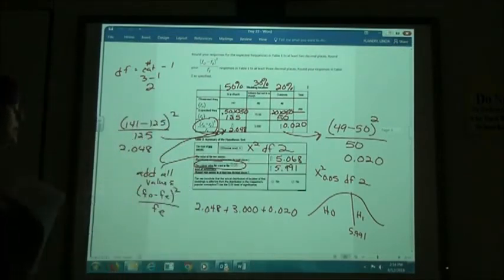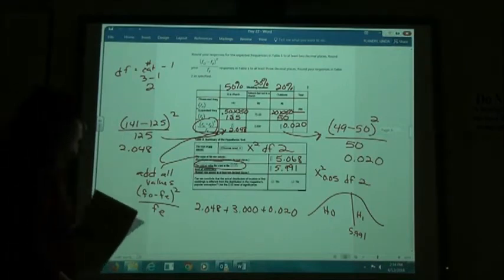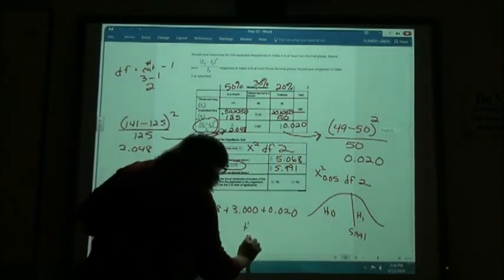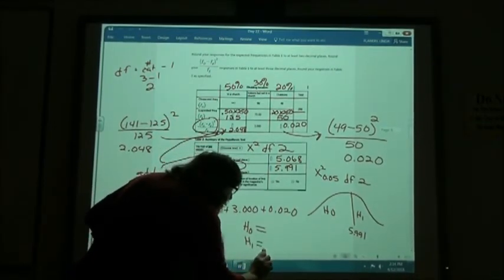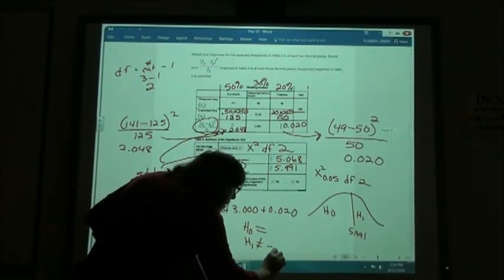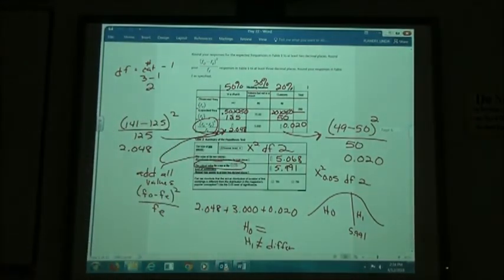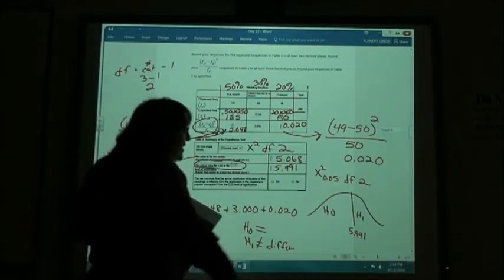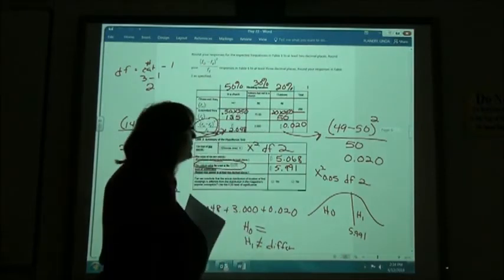I am trying to figure out if I'm in my null section or my alternative section. Again, the null is the equal to, the alternative is the not equal to. In other words, does it differ? Is it different or not? So if I check my test value, is my test value smaller or bigger than 5.991?